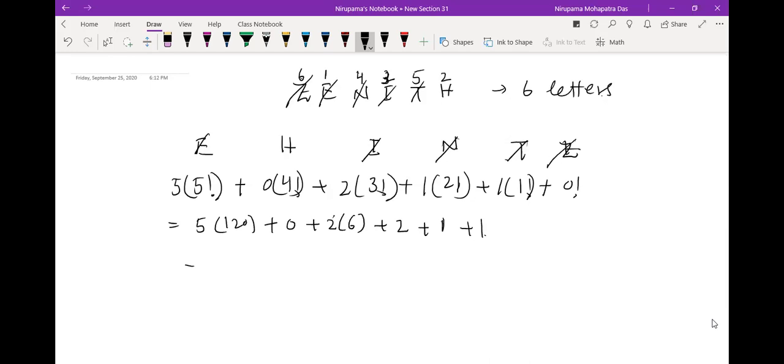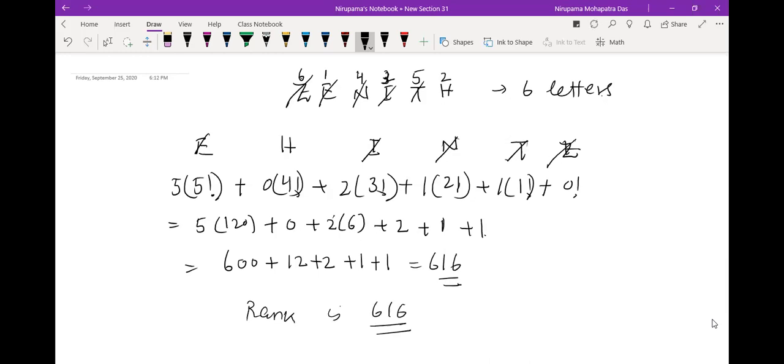Now you have 600 plus 12 plus 2 plus 1 plus 1, so 616. The rank of the word ZENITH in the dictionary is 616. I mean the 616th word in the dictionary will be ZENITH.